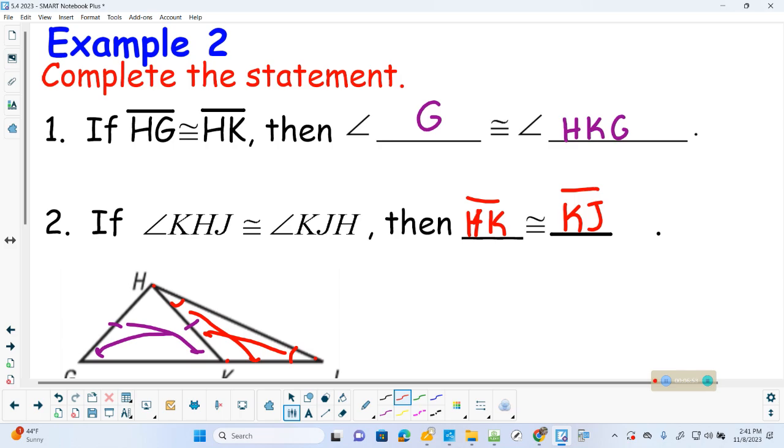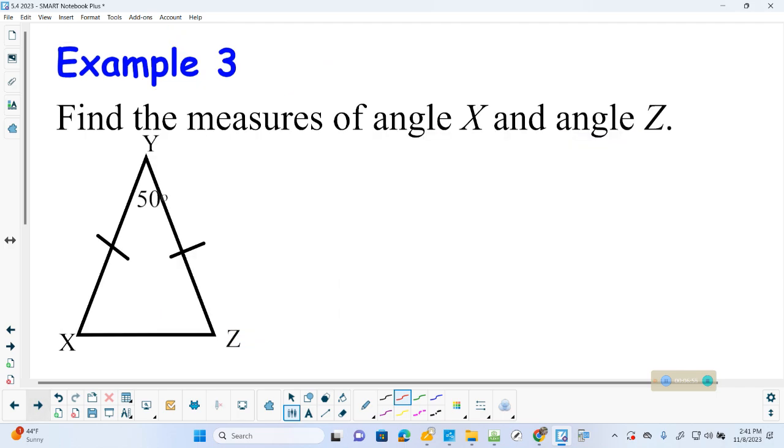Love it. Oh, hey, we actually get to do math with numbers for once. Find the measure of angle X and Z. Okay, all right. You know all 3 angles add to 180, of course. Now, here is our base angle theorem in play. 2 congruent sides, 2 congruent angles. So if you have 50 degrees for that vertex angle, I'm just going to subtract that, of course, from 180.